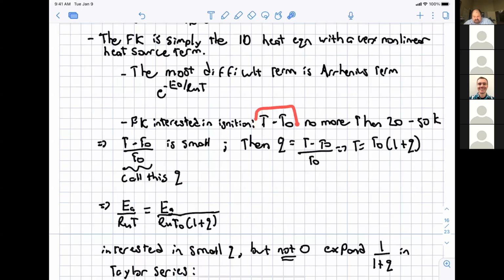Basically, a theoretician will apply their intuition to come up with ways to simplify the problem. And Frank Kamenetsky was interested in ignition, and he noticed that the maximum temperature in your energetic material minus the ambient wall temperature was no more than, say, 20 Kelvin, 50 Kelvin at most. If the temperature is higher than this range, it's going to blow up.